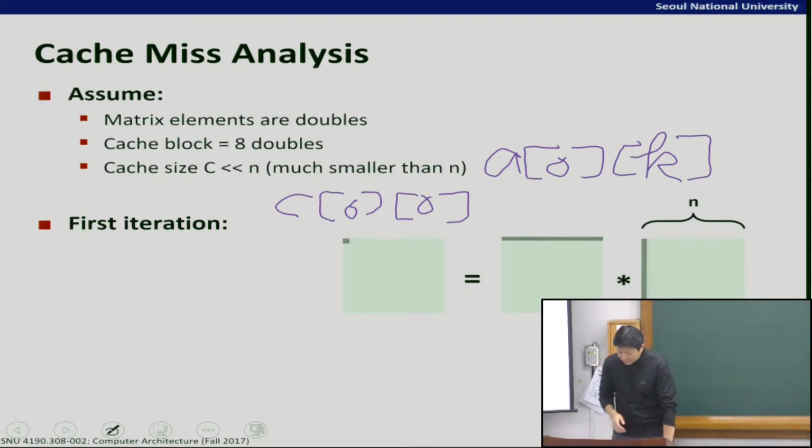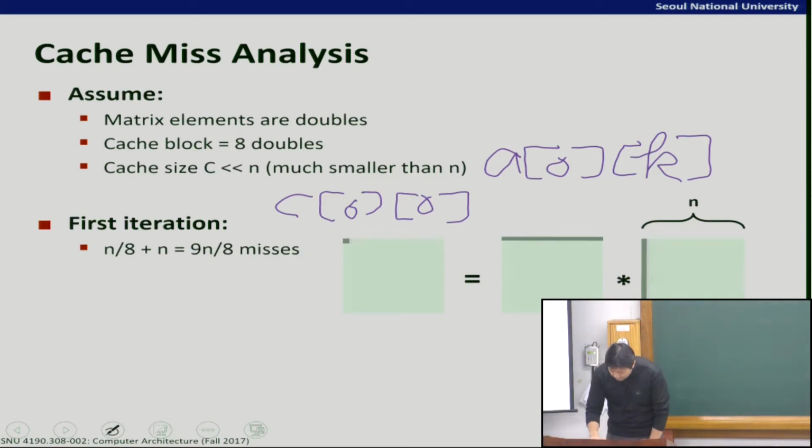So let's do some cache miss analysis. First iteration, in order to calculate C of 0, 0, how many cache misses are we going to have? If you remember, this one is a pretty nice pattern, right? But for the column access, the cache miss rate is 1, because if you have n elements, we're going to have n cache misses.